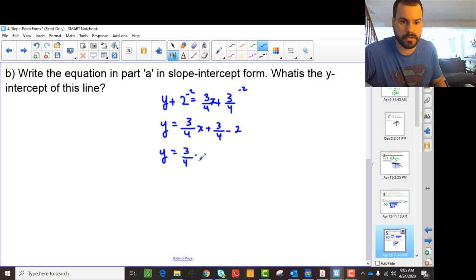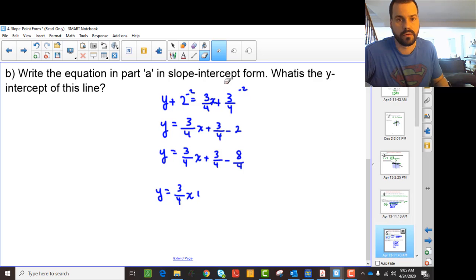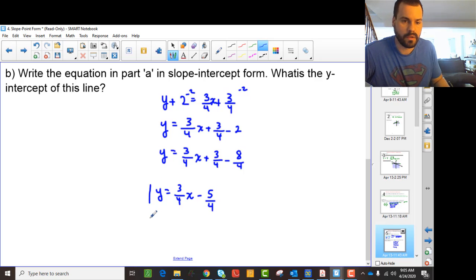So we can go 3/4 of x plus 3/4 minus 8/4. Okay, and then 3/4 minus 8/4 is minus 5/4. So I go, that's actually 3/4 of x minus 5/4. And that's my slope-intercept form.